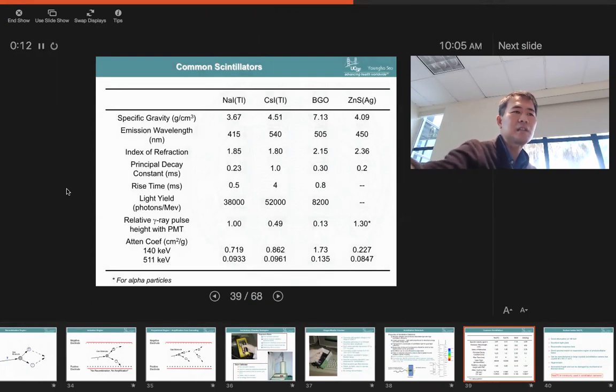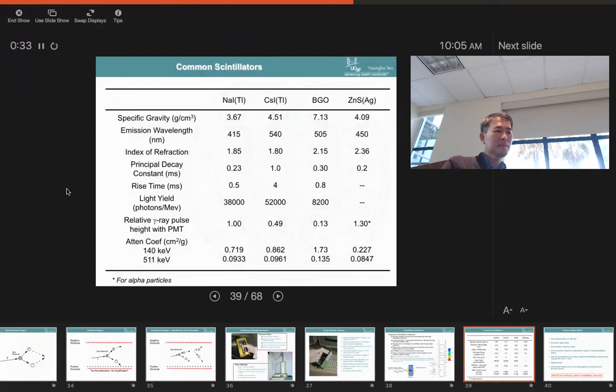Scintillators are basically crystals that convert high energy photons to lower energy photons, typically in the range of visible light, and some scintillators make scintillation light in the UV range.